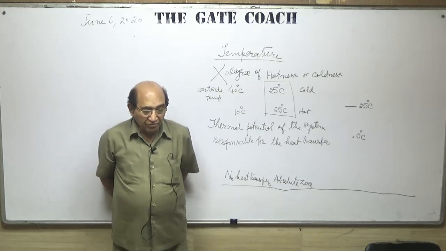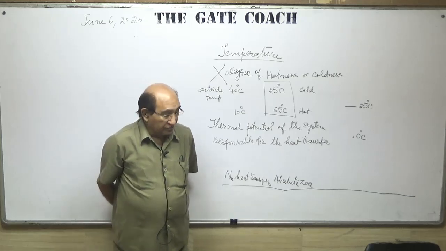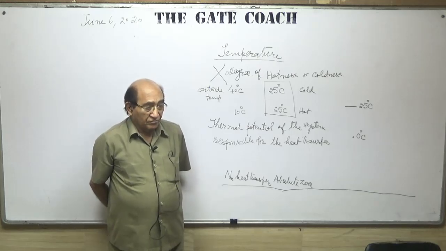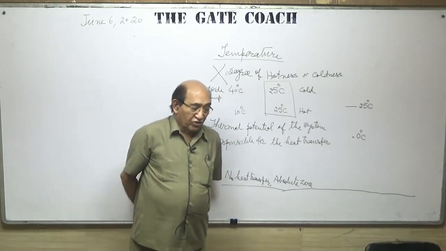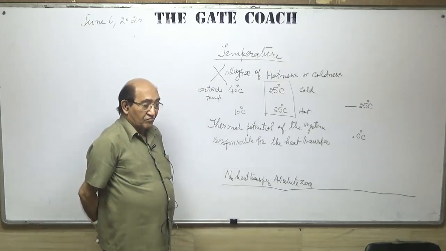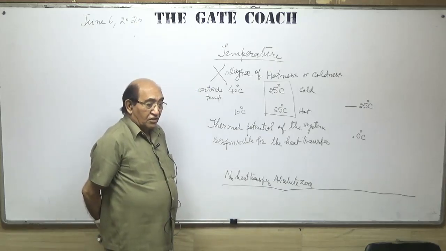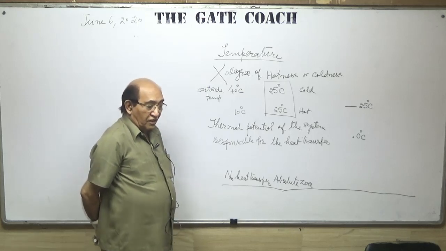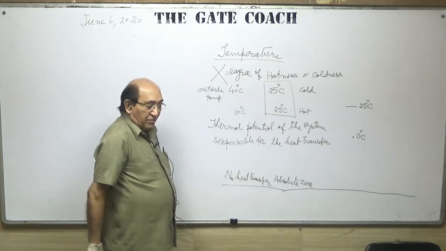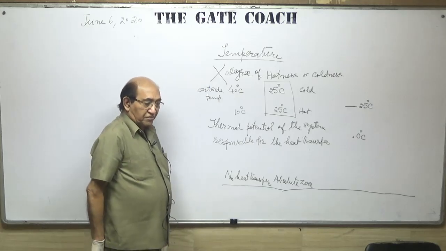Now if you see from the microscopic point of view, what is temperature? When we talk with respect to the molecules, the average kinetic energy of the molecules is the measure of temperature.